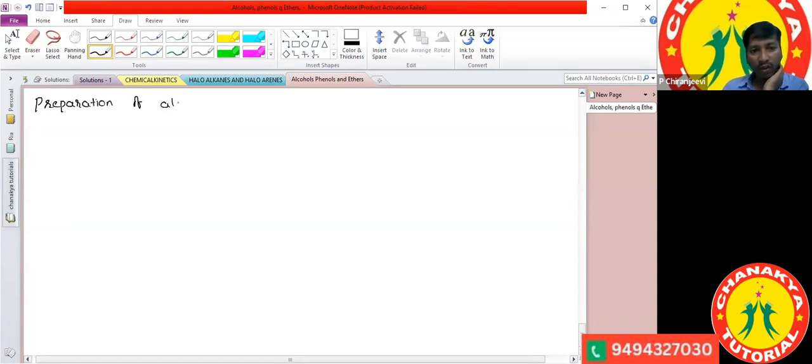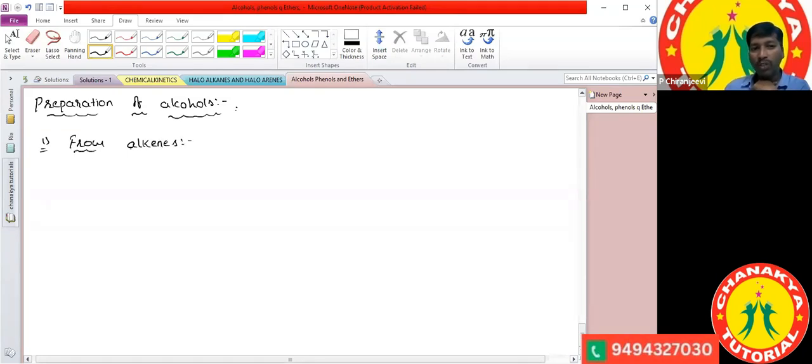So how are you going to prepare the alcohols? The first one is from alkenes. From alkenes we can prepare.